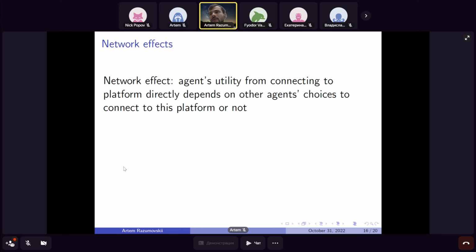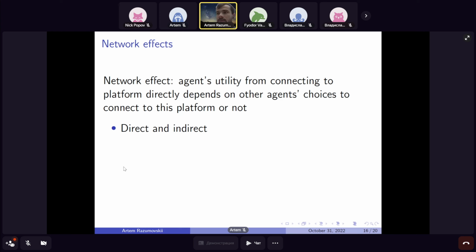A little bit more about network effects, in a more precise definition: for an agent connected to the platform, his utility depends on the other agents' choices. If one more seller decides to join the platform, this will increase the utility of the buyer.